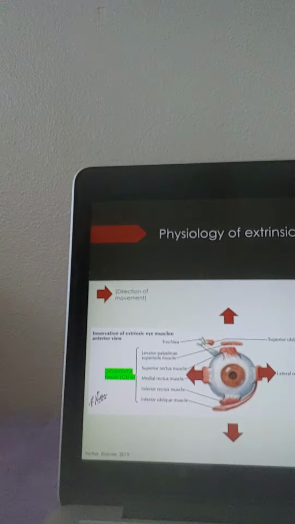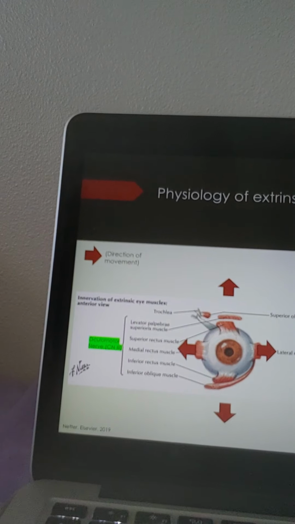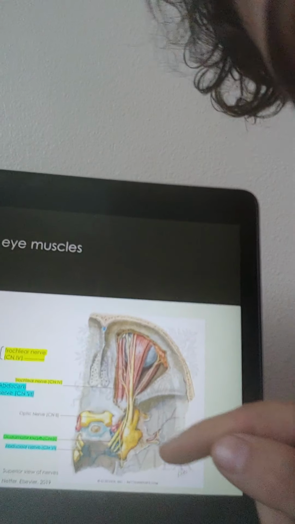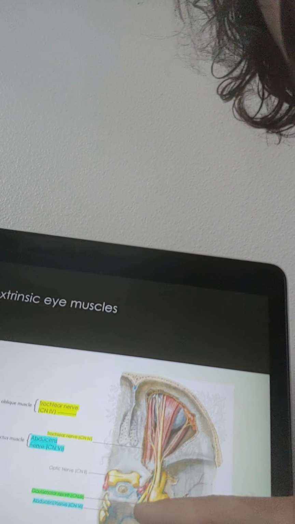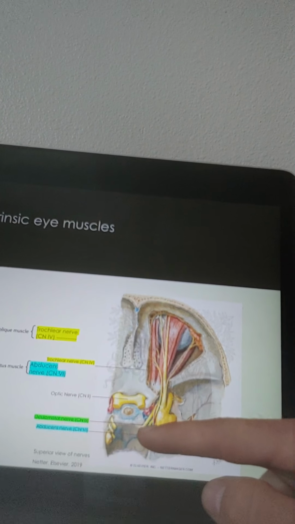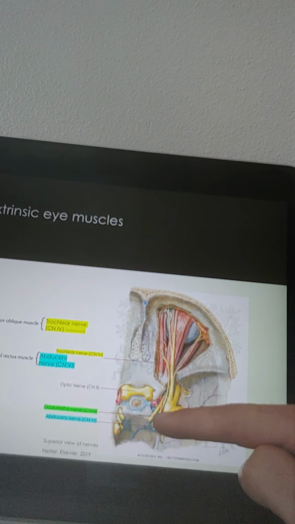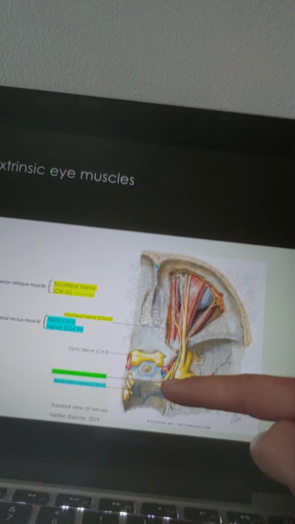All right, so we're going to get into a little bit of the physiology behind these extrinsic eye muscles. The nerves that innervate these muscles are right here. So, here is the oculomotor nerve. This nerve, coming from the primary motor cortex, is the one that we voluntarily control the movement of our eyeball with.